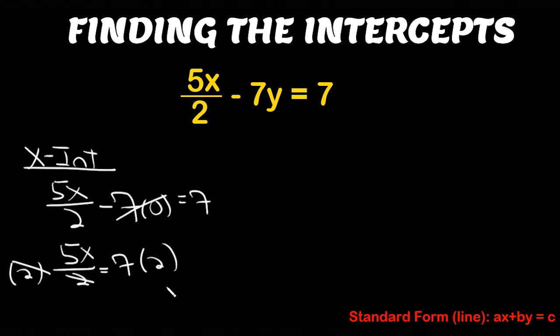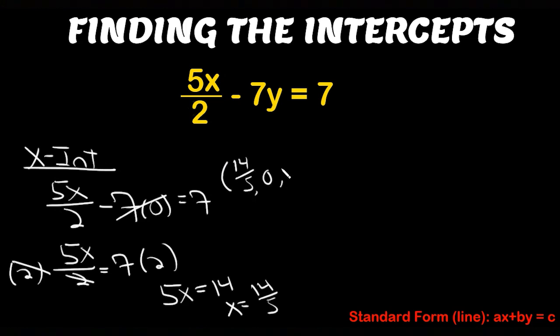I get 5x equal to 14 now. My last step, divide both sides by 5, and you get x is equal to 14 all over 5. And we're going to leave it just like that as an improper fraction. No need to write it as a decimal. We don't want to lose accuracy. Let's leave it just like that. So as a point, what does that look like? Well, it's going to be (14/5, 0). There it is.